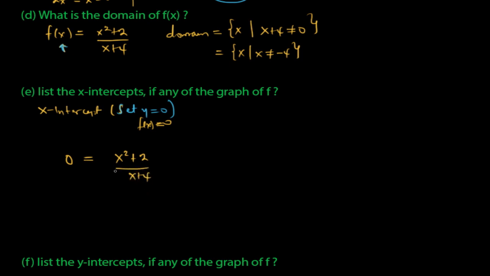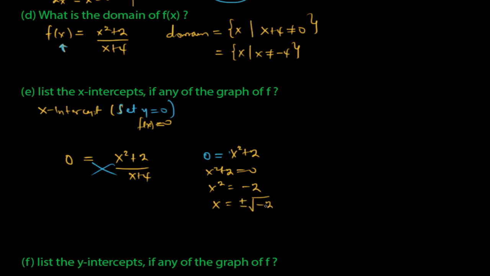So we want to find the corresponding value of x. When you cross multiply, you have 0 equals x squared plus 2, or we could write it as x squared plus 2 equals 0. This is the same thing as x squared equals negative 2, and this is the same as x equals plus or minus the square root of negative 2.